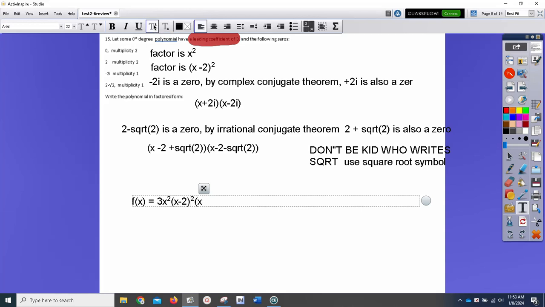The next factor is x plus 2i, followed by x minus 2i. And the last ones are these funky ones. x minus 2 plus root 2, and x minus 2 minus root 2. There you go. That's number 15.